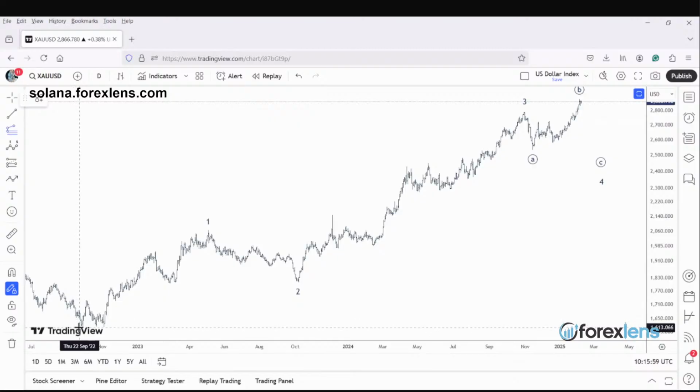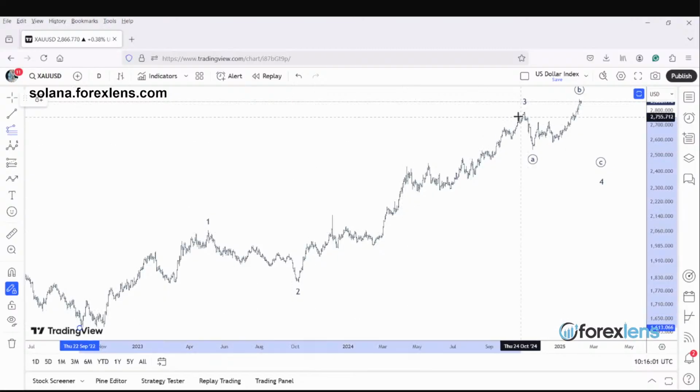And if I bring up the extensions for the next wave, 2500 is what we are expecting as at least a minimum drop towards 2500.